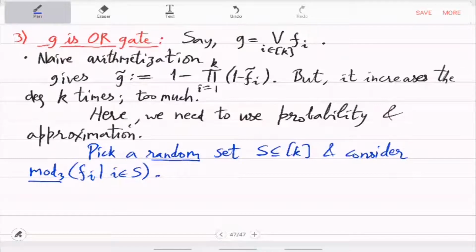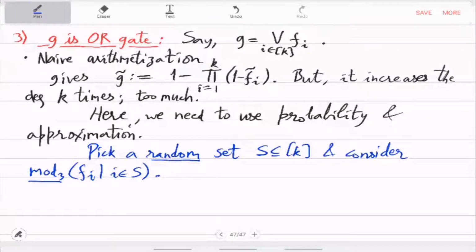So pick a random subset and compute mod 3, right? Mod 3 has the advantage that in case 2 you have already designed an approximator polynomial for it, and the degree of that was as required, right? It was not too big, irrespective of how big S is. S may even be of size k.